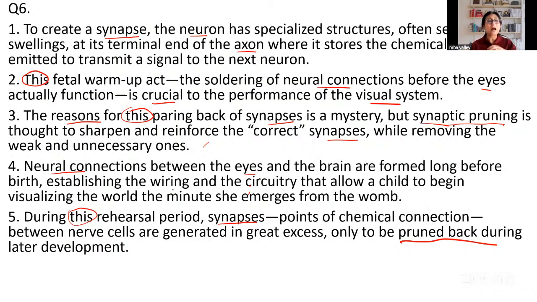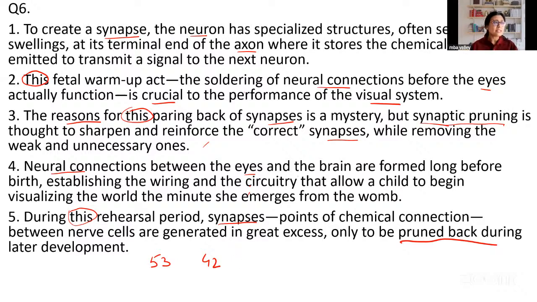Sentence 5 describes how synapses are initially overproduced, a concept that sets up the next part of the process. What is it? Synaptic pruning. So sentence number 5 and 3 should make a mandatory pair, and similarly sentence number 4 and 2 should make a mandatory pair.